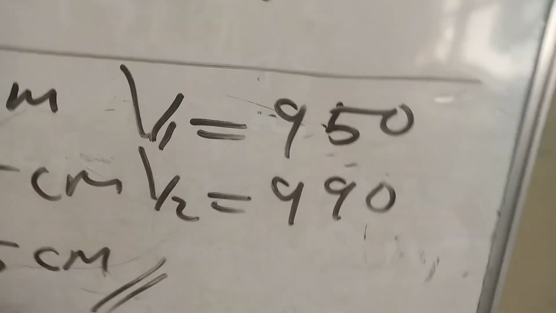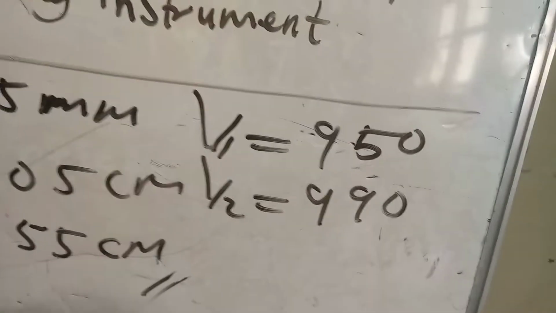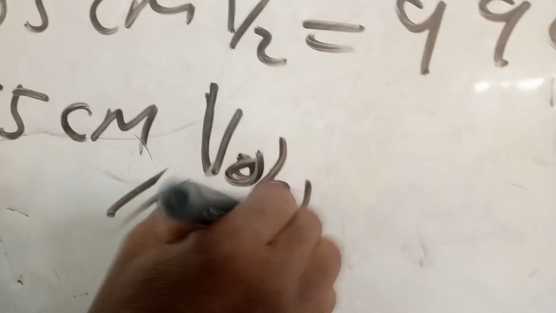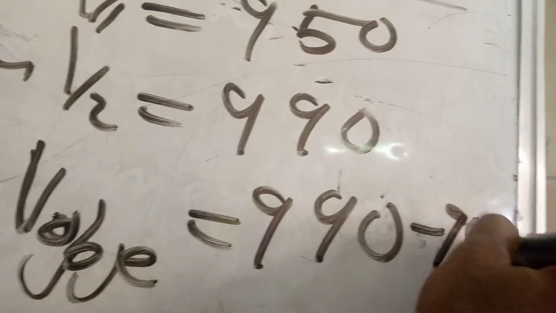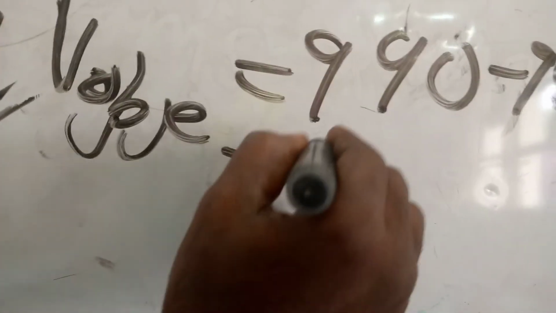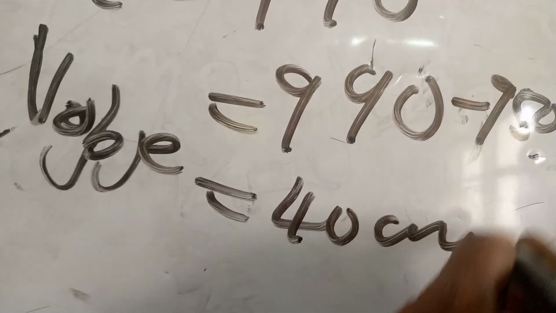So the volume of the object that we dipped inside is equal to 990 minus 950, which is equal to 40 centimeter cube. So that's that about that. Inshallah, the next topic is motion.